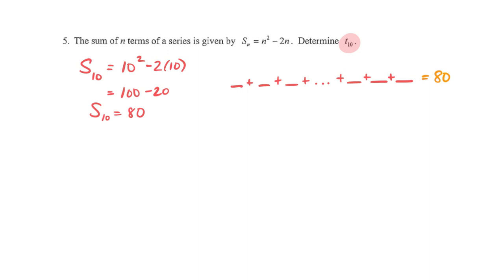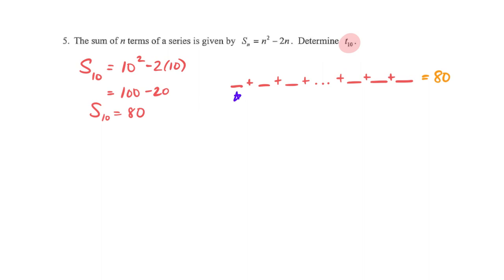So where else could I go with it? Well, maybe you recall from the very beginning of today that we can find any individual term within a sequence or a series by examining the sums up until that point. What I mean is, we just found out that if I add up all those red terms, I get 80.